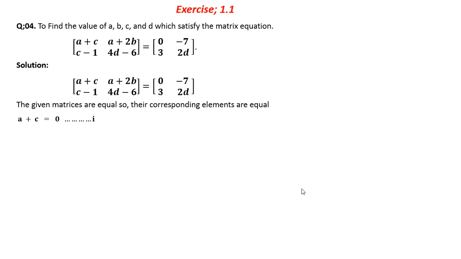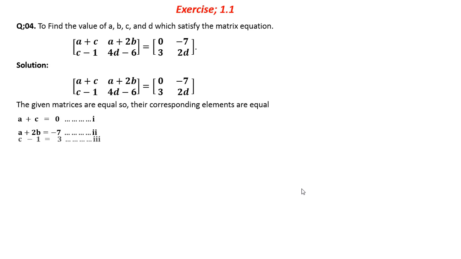In the first matrix the first element is A plus C. In the second matrix the first element is 0, so A plus C is equal to 0. This is equation number 1. In the first matrix the second element is A plus 2B, and in the second matrix the second element is -7, so A plus 2B is equal to -7. This is equation number 2.